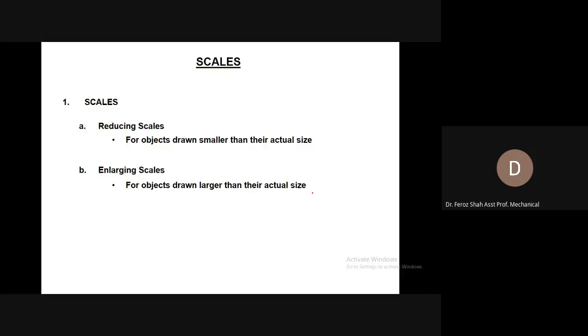So they must be drawn larger than their actual sizes in order to be visible, as well as in order to be drawn conveniently with your drawing instrument. For example, you cannot draw a very small circle. You will have to magnify that in order to be drawn with the compass.